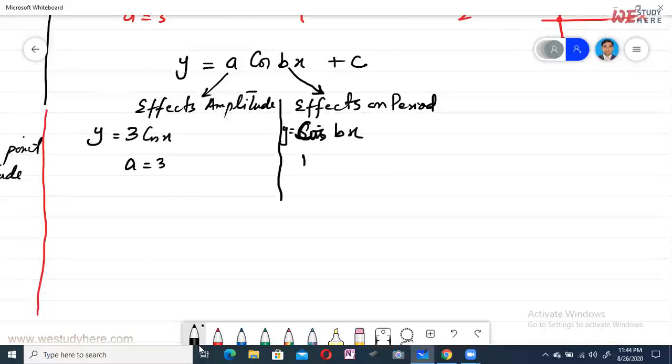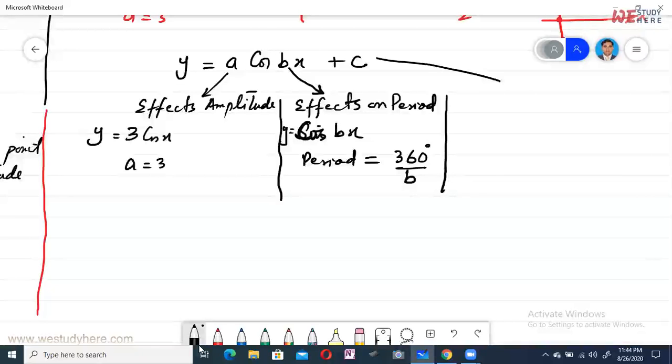What will be the period here? Period of cos x is also 360, but cos bx will be 360 divided by b. Whatever constant is multiplying with the angle, we have to divide the period 360 by that constant. Or if it is in radian, then in place of 360 it will be 2 pi divided by b. This is the way.